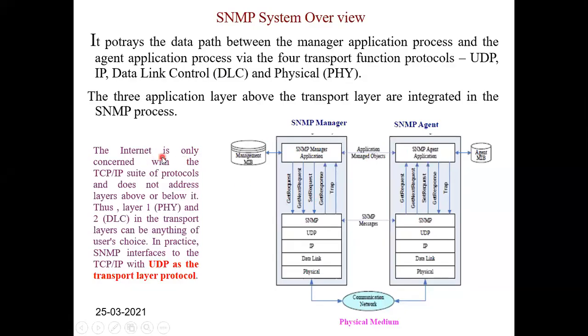Now we are talking about internet management. The internet is only concerned with the TCP/IP suite of protocols and does not address the layers above or below it. Thus layer 1 physical and layer 2 DLC in the transport layer can be anything of the user's choice, because they are only bothered with the TCP/IP layer. So the physical layer and data link layer, we are free to choose anything.